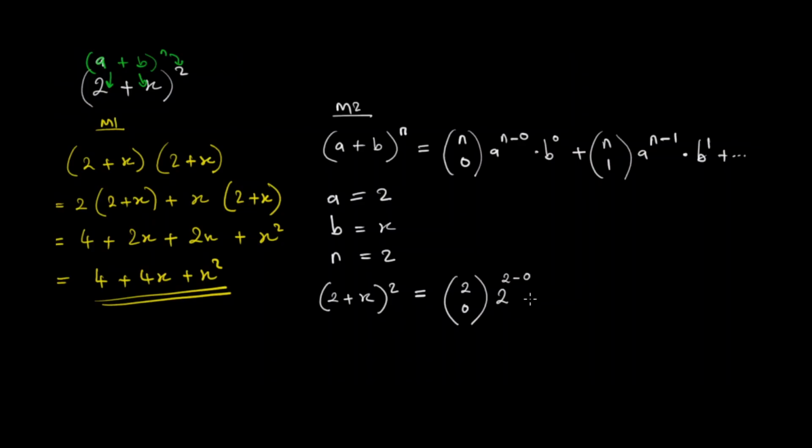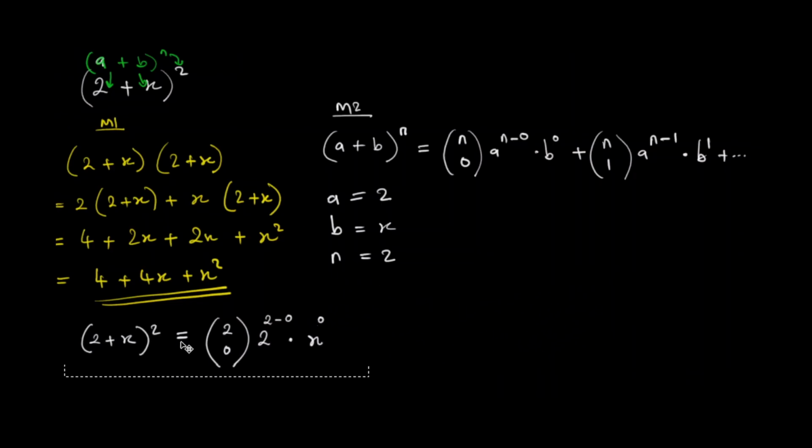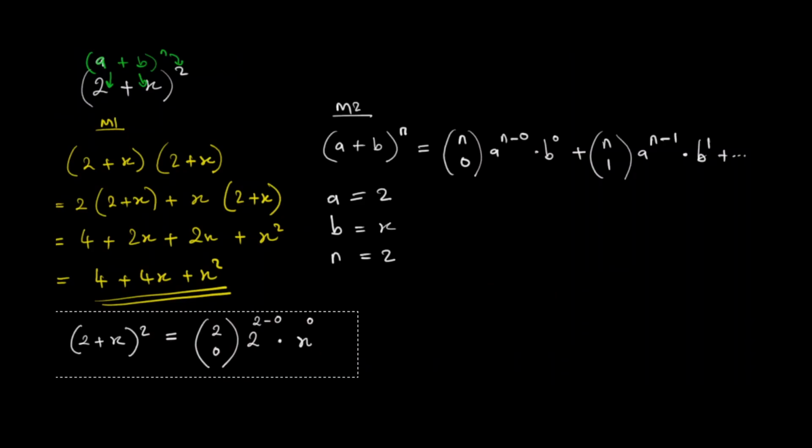2 minus 0 multiplying, then b is x to the power 0 like this. So doing this especially at this stage feels like we are wasting time. We could rather do the simpler thing. But things are going to get a little complicated and the binomial theorem is going to be your best fit.